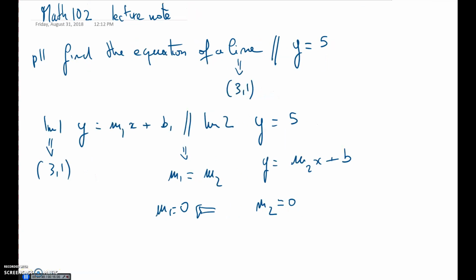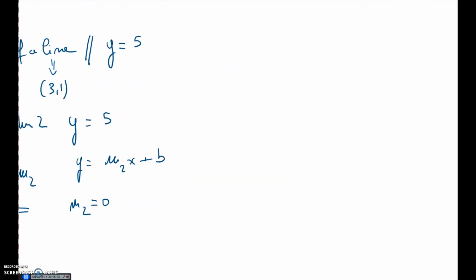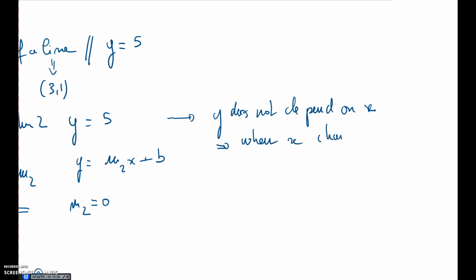What I could do is say, when y equal 5, y does not depend on x. What does that mean? That means that when x changes, y is always equal to 5. It doesn't change.